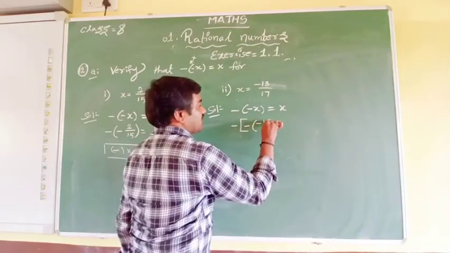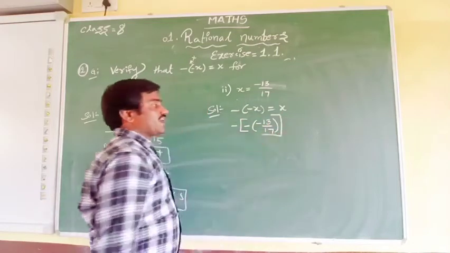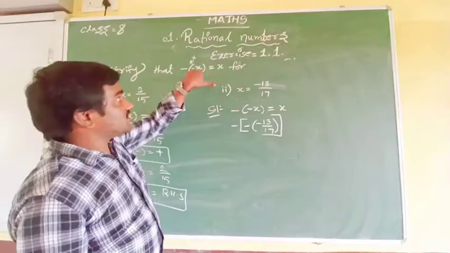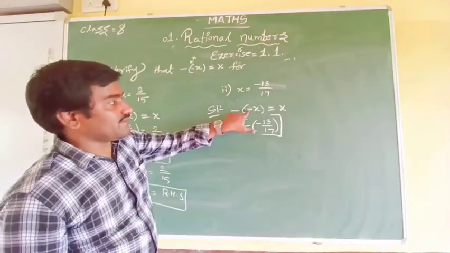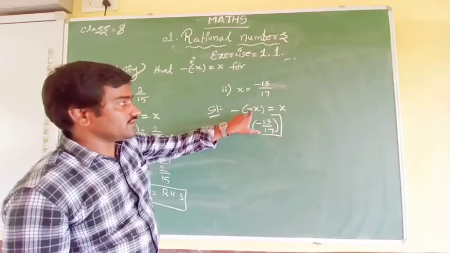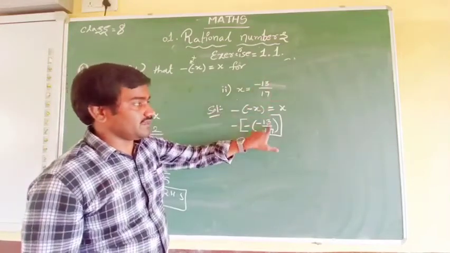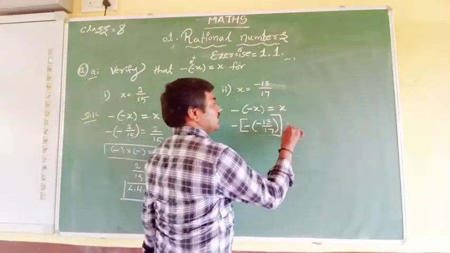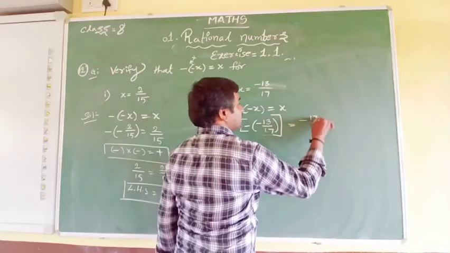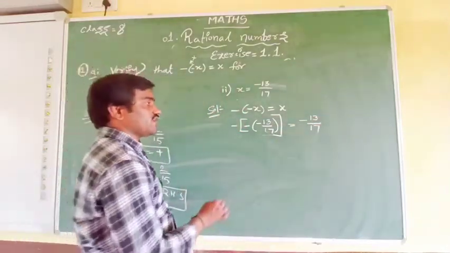Minus 13 by 70. Why do two brackets come here? According to this, minus of minus x, this minus I have written here, this minus I have written here. What is the x value? That is minus 13 by 70. Let us see whether on either side, LHS and RHS, we get the same one or not.